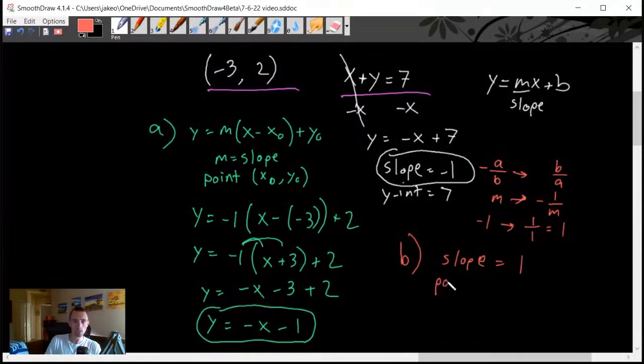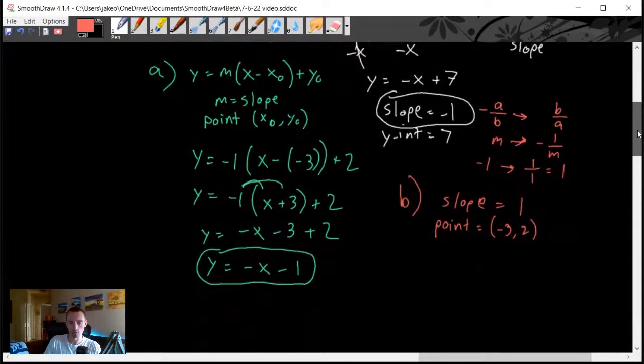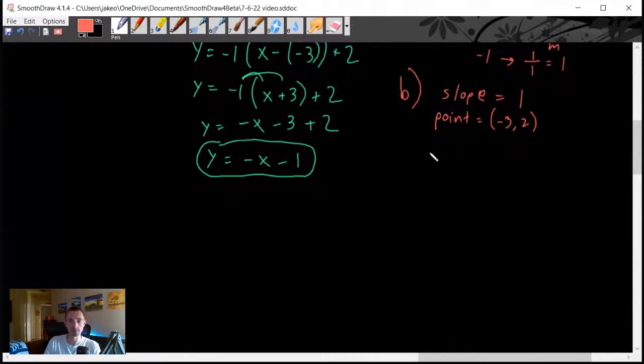Okay, so now we know we need to make a line that has a slope of 1, and we still know that it has to go through the point negative 3, 2. So again, if you know the slope and you know the point, you can just use the point slope form of a line, which is just what we did in the last part. It's just going to be y equals m times x minus x0 plus y0.